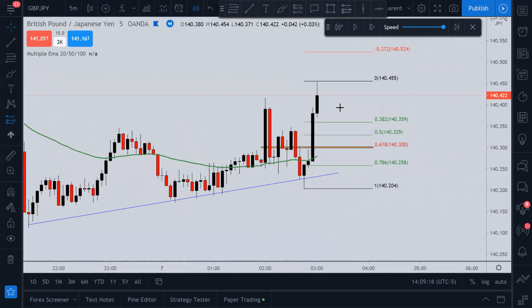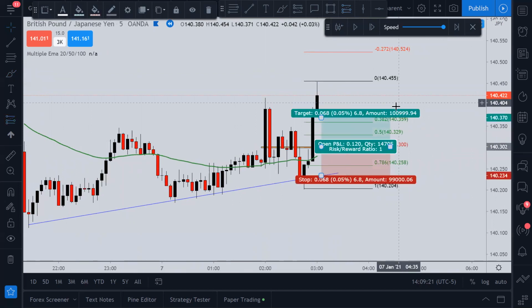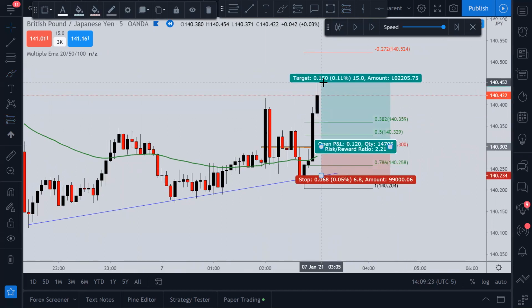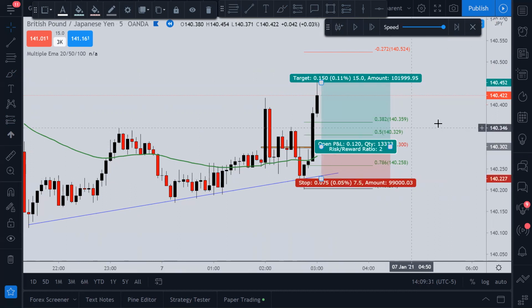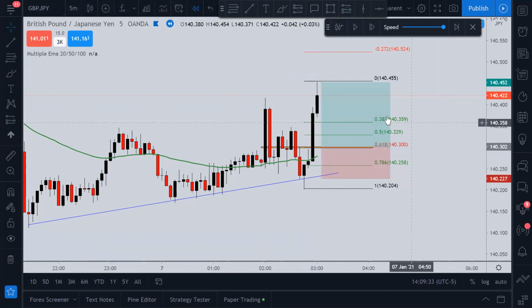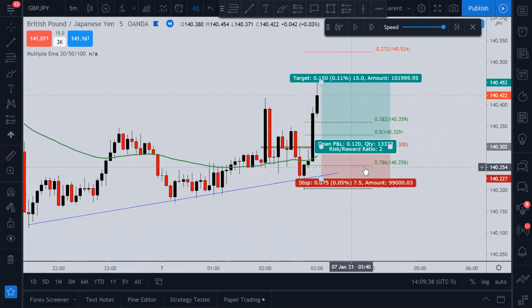So I will set my pending here, stretch that up here, and I want to take each trade. I want it to be a 1 to 2 risk reward. All right. The stop loss is below the 786, which is the last line for a retracement.